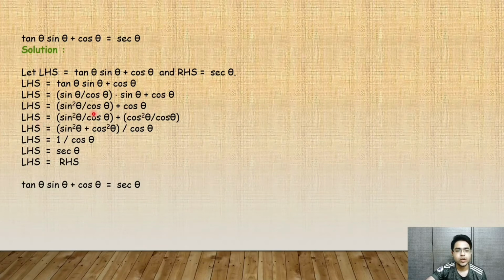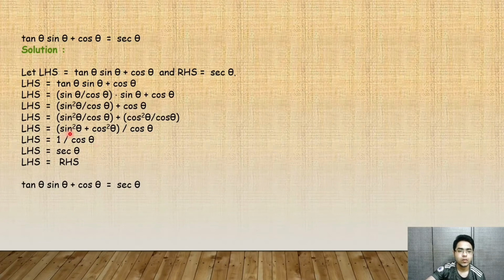By cross multiplication, this cos theta will get multiplied by cos theta, and we'll be getting sine square theta divided by cos theta plus cos square theta divided by cos theta. Now, as the denominator is same, we can take it common out. So (sine square theta plus cos square theta) divided by cos theta.